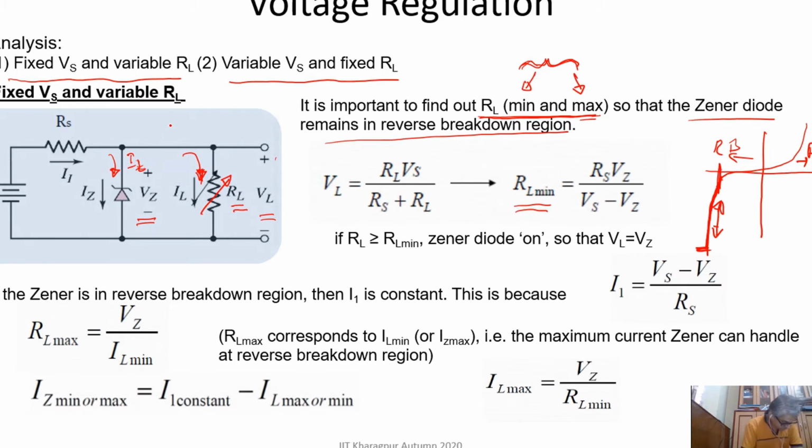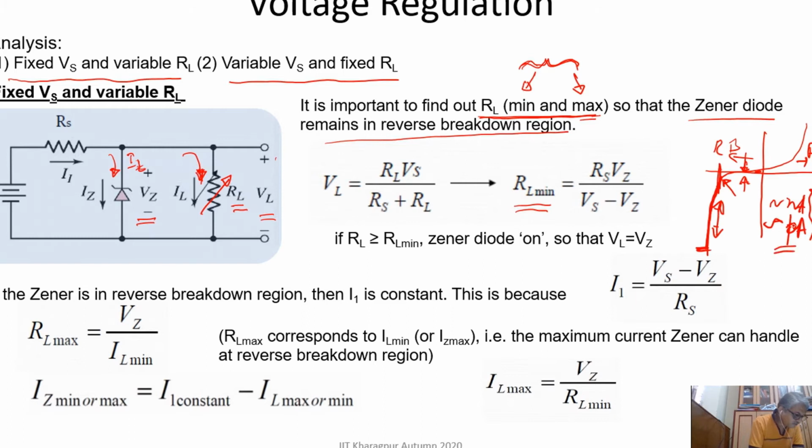So we can assume that the Zener is on the verge of breakdown. When the Zener is on the verge of breakdown, this current is very low, that is the reverse saturation current, you remember, usually nanoamps or picoamps, depending on many things, but we have discussed that before.